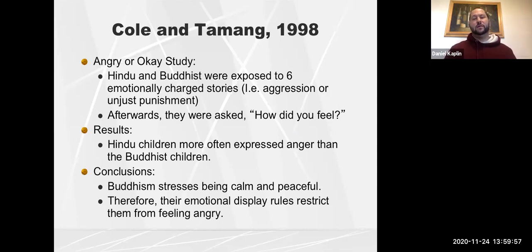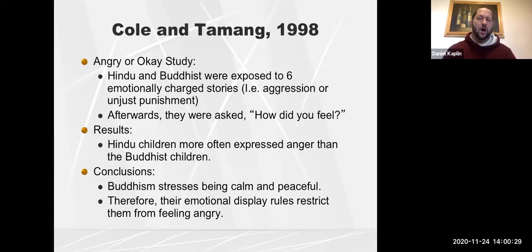And in this study, Hindus and Buddhists were exposed to various emotionally charged stories where there was a lack of justice or unfairness, there was aggression. And then they were asked, well, how do you feel? Consistent with the cultural value system, these researchers found that Hindu children were more often able to express anger than Buddhist children.